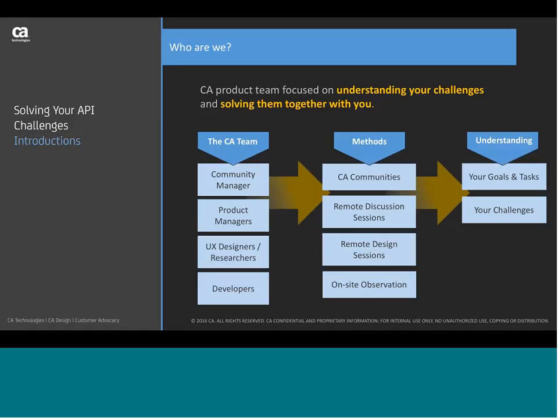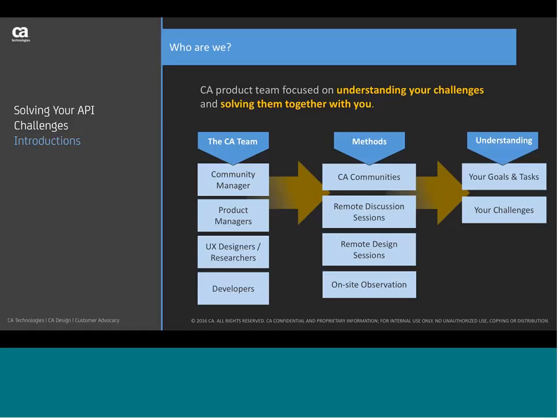Product managers for API management, one with us today, Guillermo Tellez. And then UX, user experience designers and researchers. That's where I fit in. My name is Ron Polka. I am a senior user experience designer with CA Technologies, working on API management and developers as well.